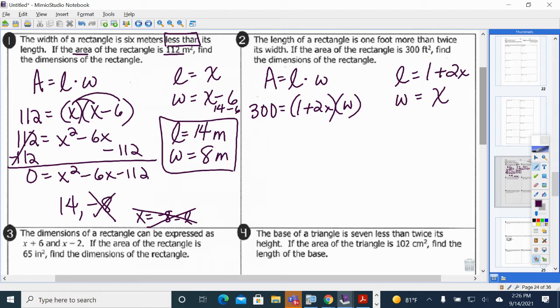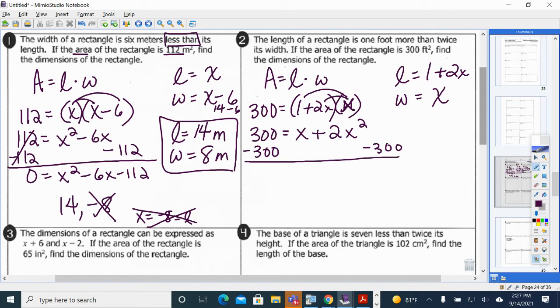So again, using our distributive property, we have 300 equals 1 times x is x. 2x times x is 2x squared. I'm going to subtract the 300. We need our 0 because we've got a quadratic. Also, on the right side, this is not in standard form.